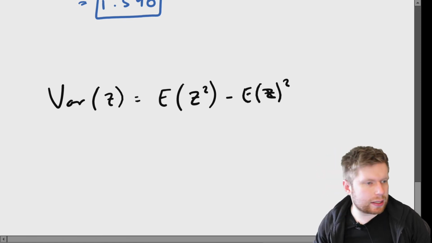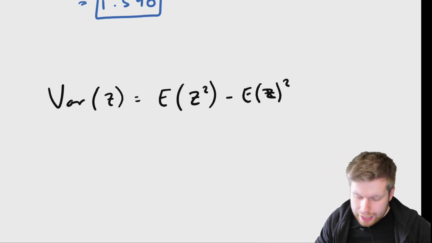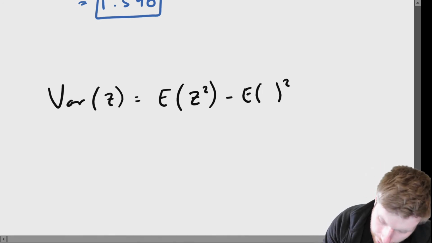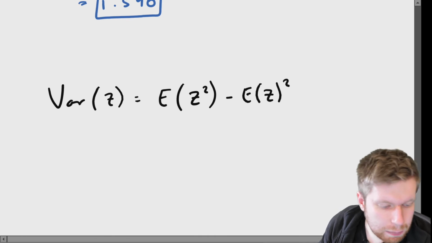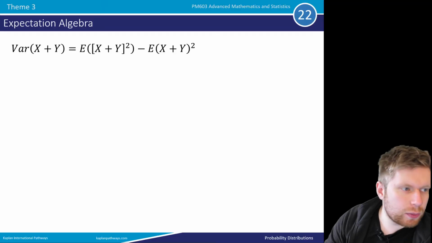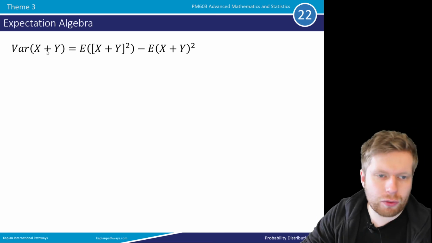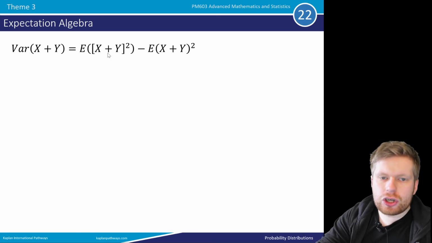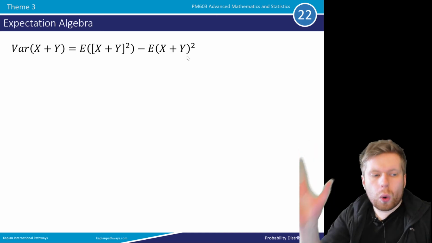So we've just seen this. In this case, I'm simply saying, well, instead of having z, let's suppose we have x plus y. Okay, so you can see here that I've simply said the variance of a random variable should be the expectation of the random variable squared minus the expectation of the random variable all squared.